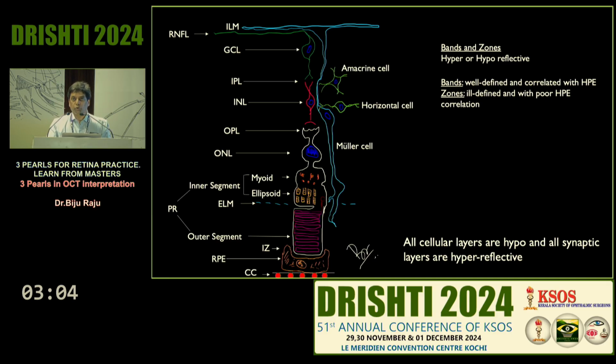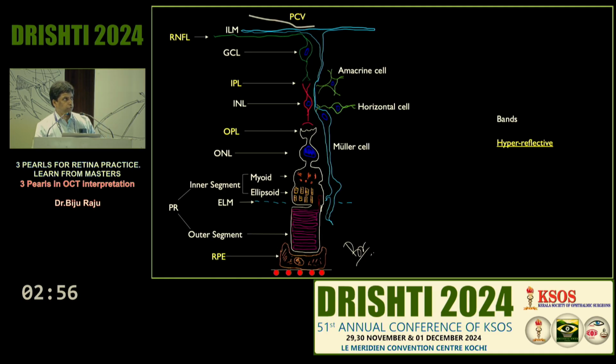And as a general rule, all cellular layers are hyporeflective, and all synaptic and nerve fiber layers are hyperreflective. So it's no surprise that the hyperreflective bands are all the synaptic layers and the nerve fiber layer, along with the RPE, of course, with the melanin. They are the bands. And the hyporeflective bands, as you guessed, are all the cellular layers of the retina.